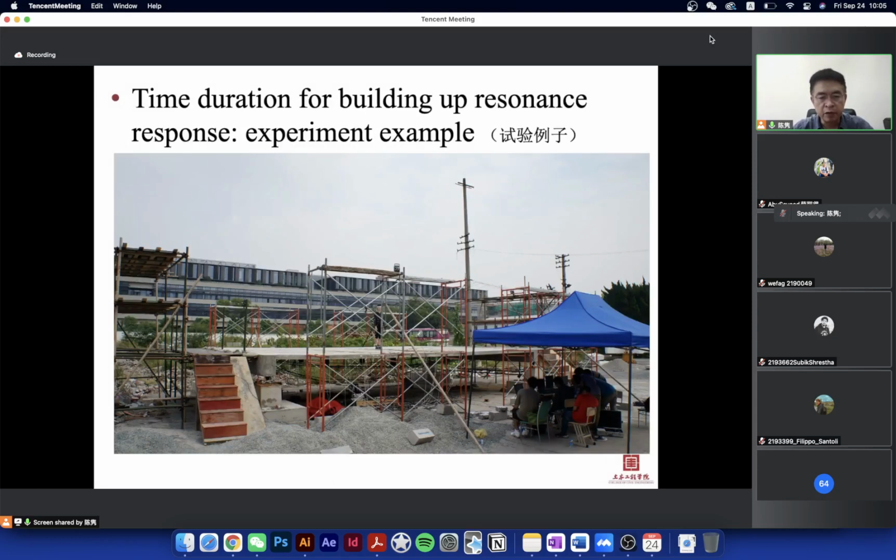This is from my personal research topic. We're studying the response of a floor subjected to human walking or human jumping load. One person is jumping up and down here, so we have these experiments. This is one of my PhD students.